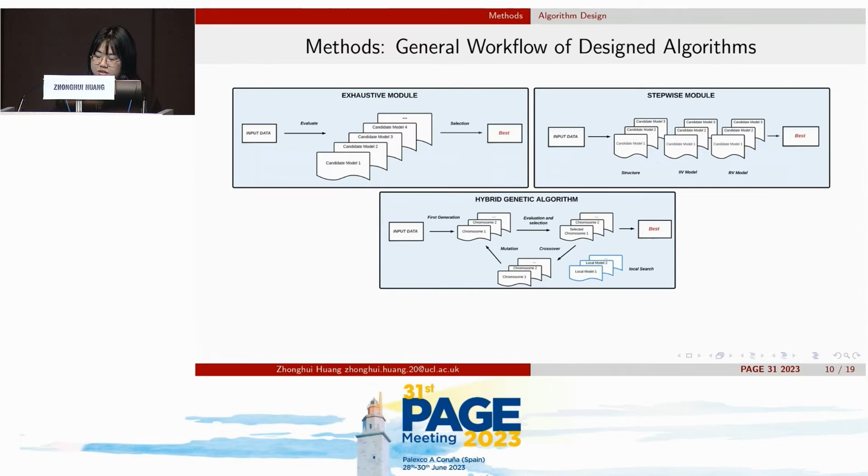For the stepwise algorithm, the sequential order is from the structure to IIV and to RV model. For the last one, the genetic algorithm, it includes the basic elements of GA, for example, model selection, model crossover, model mutation, and there is also local search in GA. After iterations, it helps get to the best model solution.